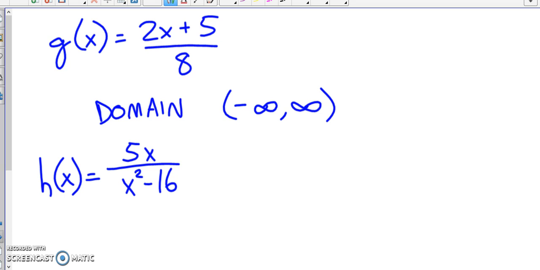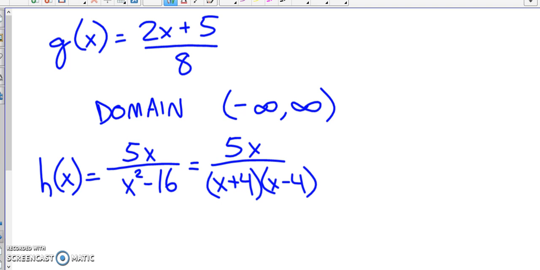And probably the easiest way to do that would be to factor that denominator. So, 5x, and that's the difference of 2 squares there, so that would be x plus 4 and x minus 4. Now again, I would want x plus 4 to not be 0, and I would want x minus 4 to not be 0.